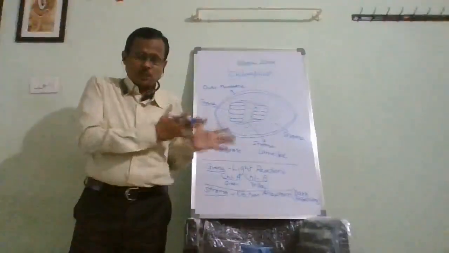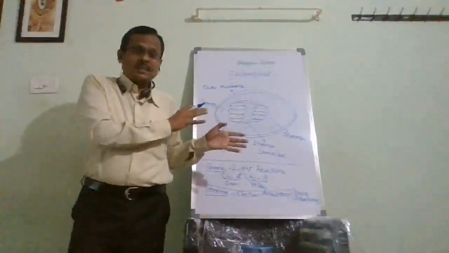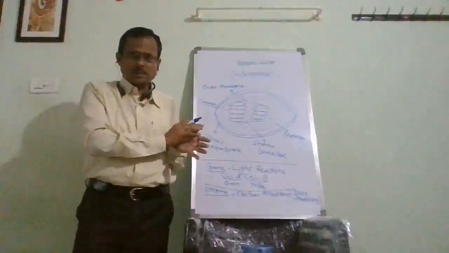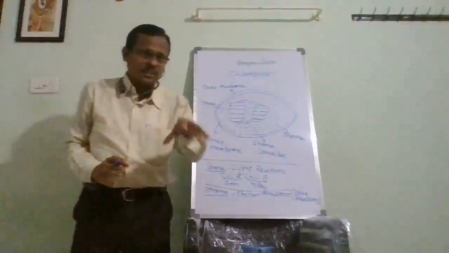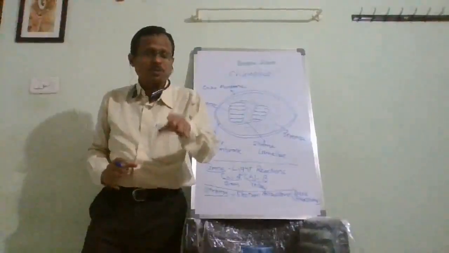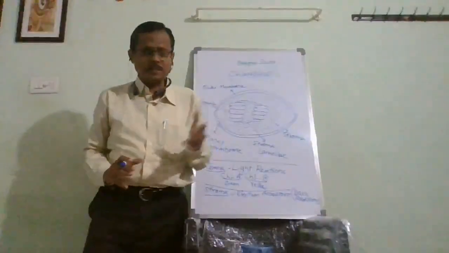It doesn't mean that it takes place in darkness; it just doesn't require light for carrying out the process. So dark reactions are the set of reactions that take place irrespective of the presence of sunlight or light.